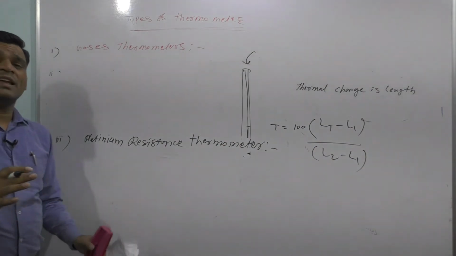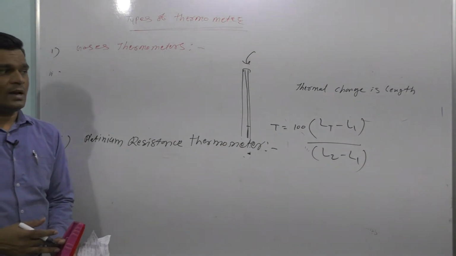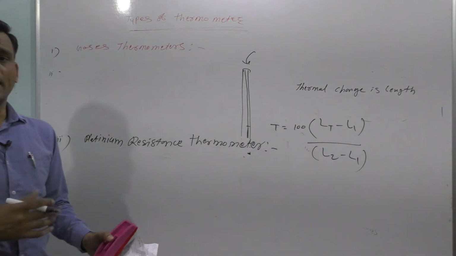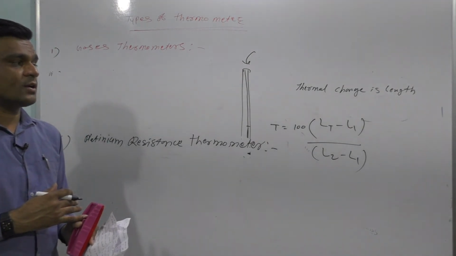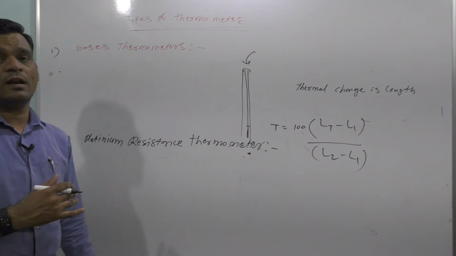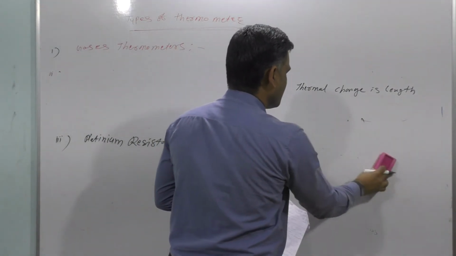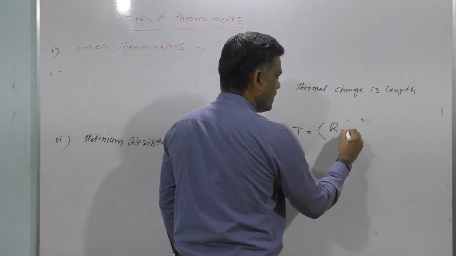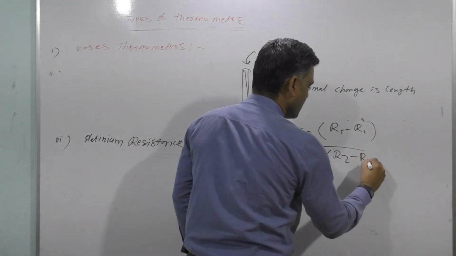In this case, the electric resistance of the material changes as we heat it, or as the temperature increases, the electric resistance of the material changes, and the formula is simply here, the temperature T is equal to RT minus R1 divided by R2 minus again R1.